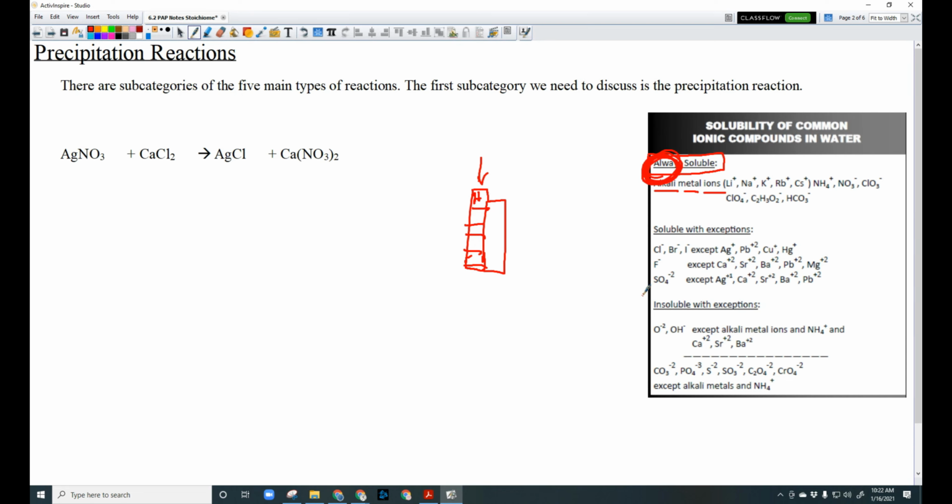That includes lithium, sodium, potassium, rubidium, cesium, etc. Polyatomic ions that are always soluble are ammonium, nitrate, chlorate, chlorite, ClO3, ClO4, C2H3O2, which is the acetate, and then hydrogen carbonate, HCO3. So if you recognize those right off the bat, you'll know that any compound that contains those is always soluble.